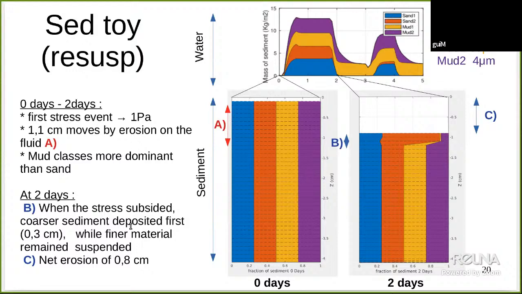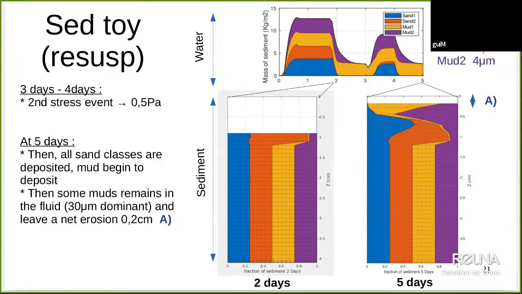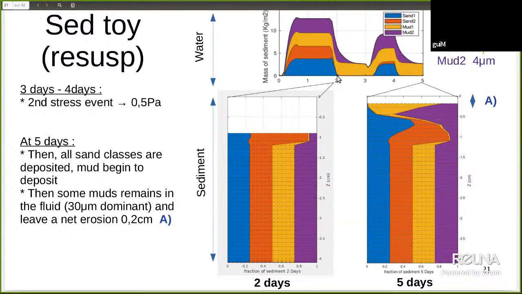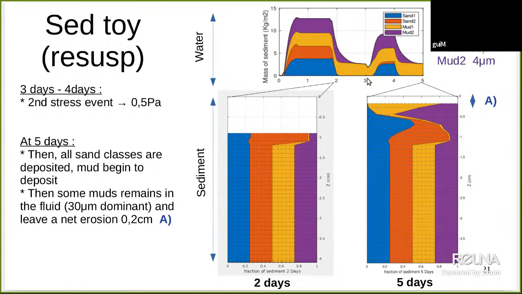So what happened next? We don't have any more bottom stress event, and at 5 days, next, the second bottom stress. We see that here on the stratigraphy, we have much more non-cohesive sediment, and it begins to deposit.